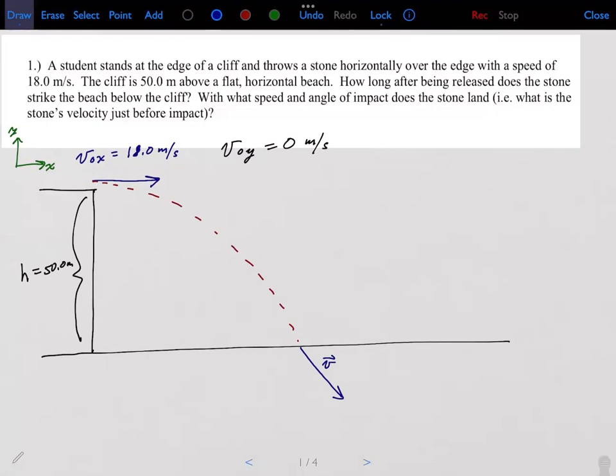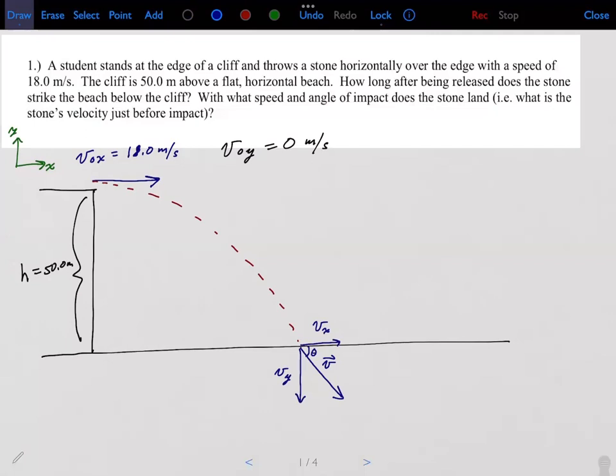And it's going to consist of an x component, a vx, and also a vy here. Then we can figure out the magnitude of v, and we can also figure out this angle here. And we could say it's like south of east or whatever the angle is.